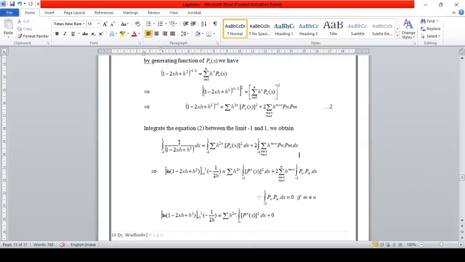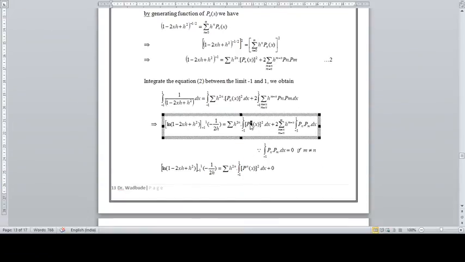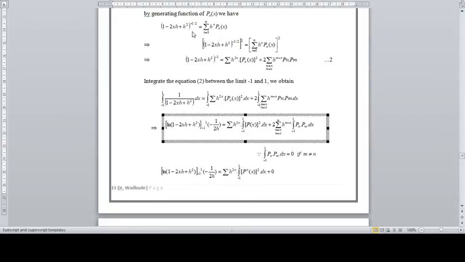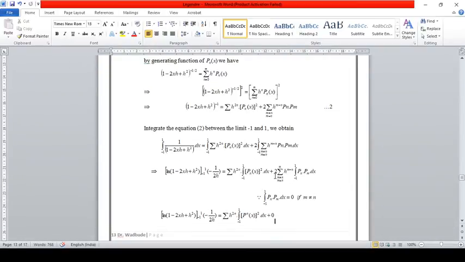And here this is the constant, summation h raised to the power 2n is constant, so we have integration minus 1 to 1 of Pn(x) whole square dx, plus summation, this is again constant, m does not equal n, up to infinity h raised to the power m plus n, integration minus 1 to 1 Pn Pm dx.